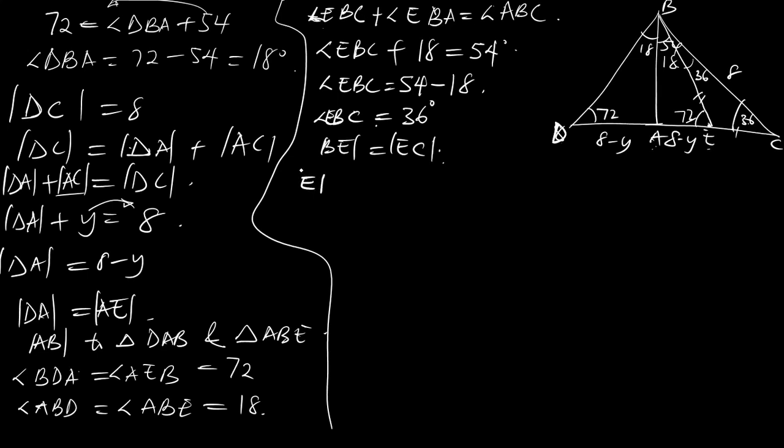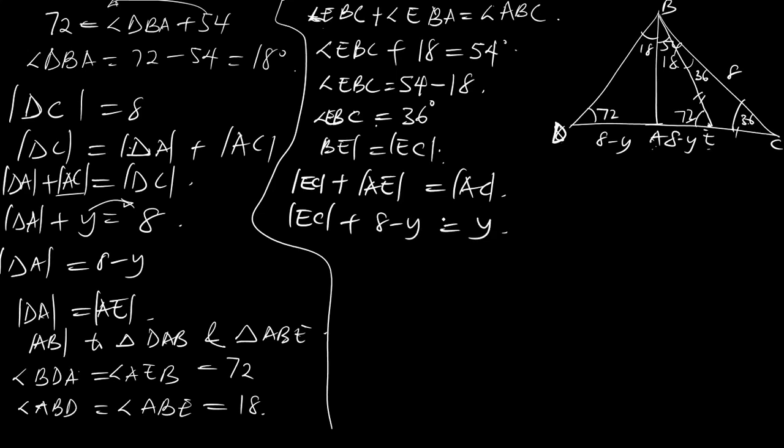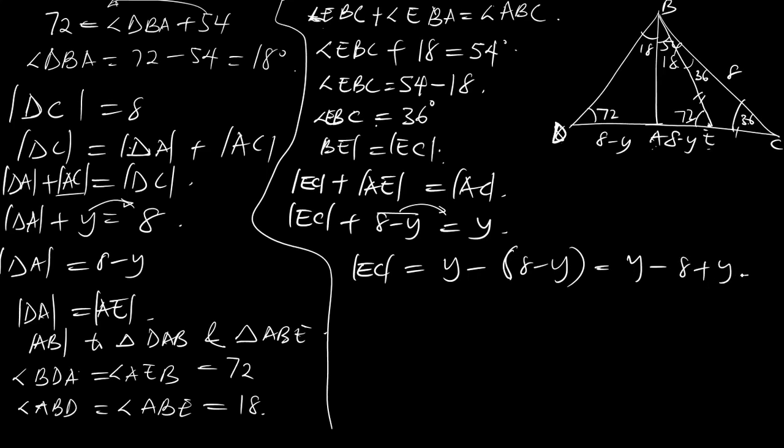We know that EC plus AE is equal to AC, and AC is Y. EC plus AE, which is what? 8 minus Y, is equal to AC, which is Y. Now moving the whole of this to this other side, we now have EC equal to Y minus bracket open 8 minus Y. So this will give us Y minus 8 plus Y. Sorry.